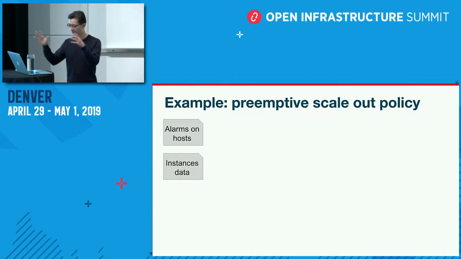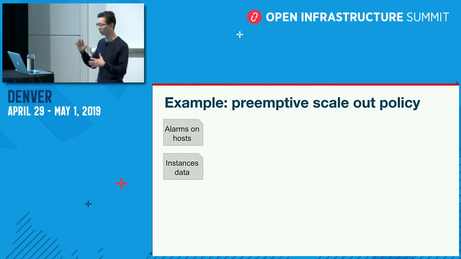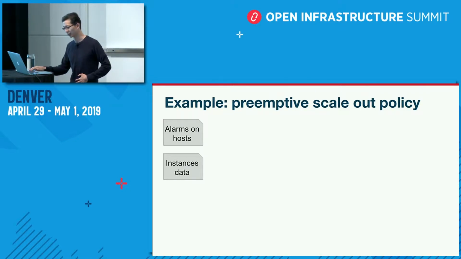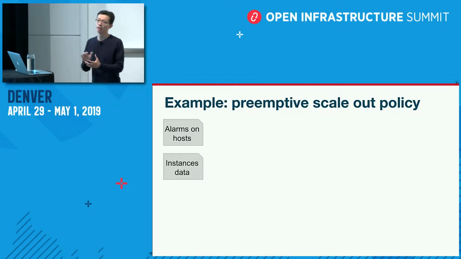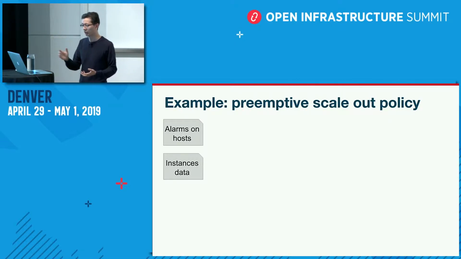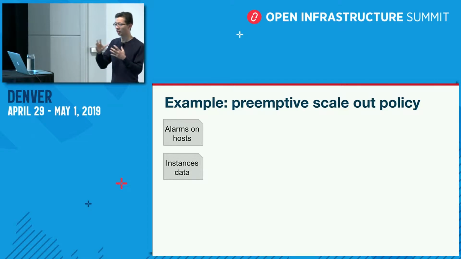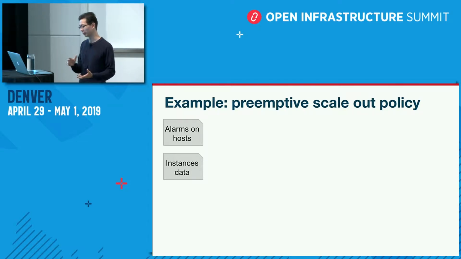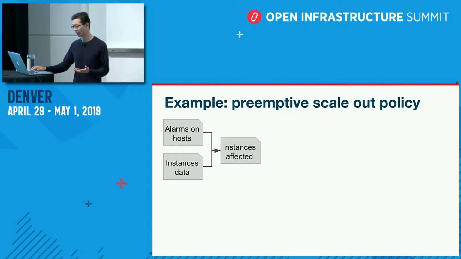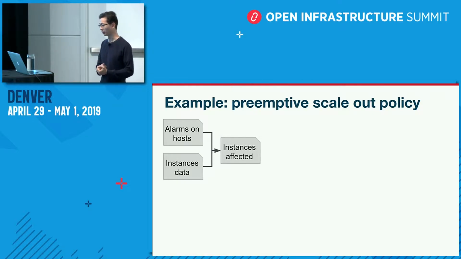So this is going to be conceptual at first because the whole example wouldn't fit in a presentation like this. On the basis of alarms predicting faults on hosts, which could be from Monasca, and instances data, for example, from Nova, this Congress policy can figure out which instances are running on these hosts and therefore likely to be affected.